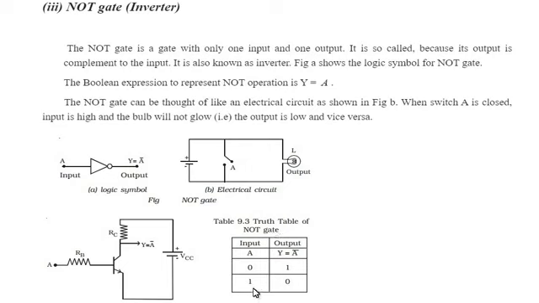What about the second case? When A is equal to 1, means when this switch is closed, the bulb will not glow. Therefore, the output is low. Okay, and vice versa. Means we can say that if the input to the NOT gate is low, the output will be high, and if the input is high, the output will be low, and this is the function of an inverter.